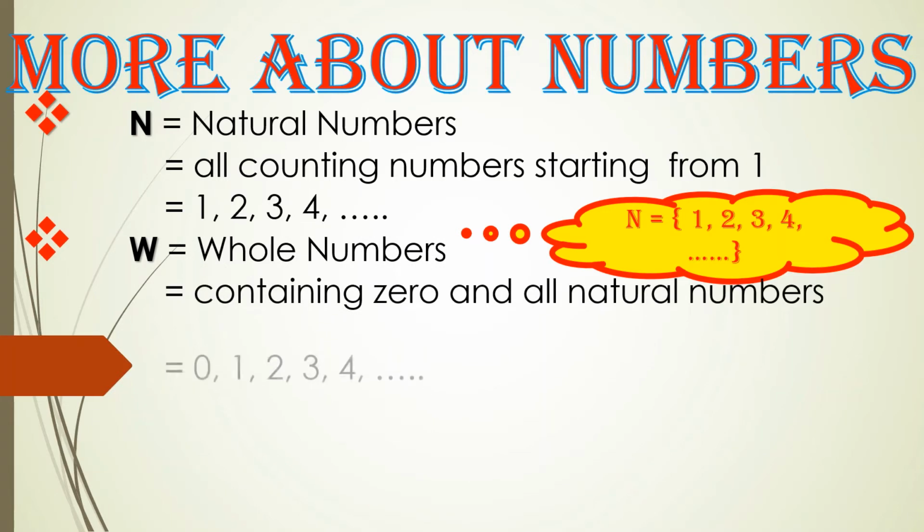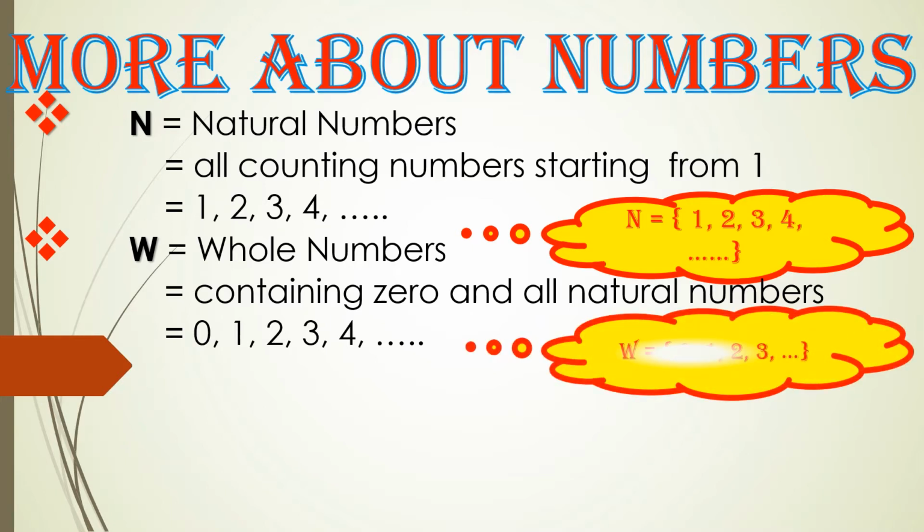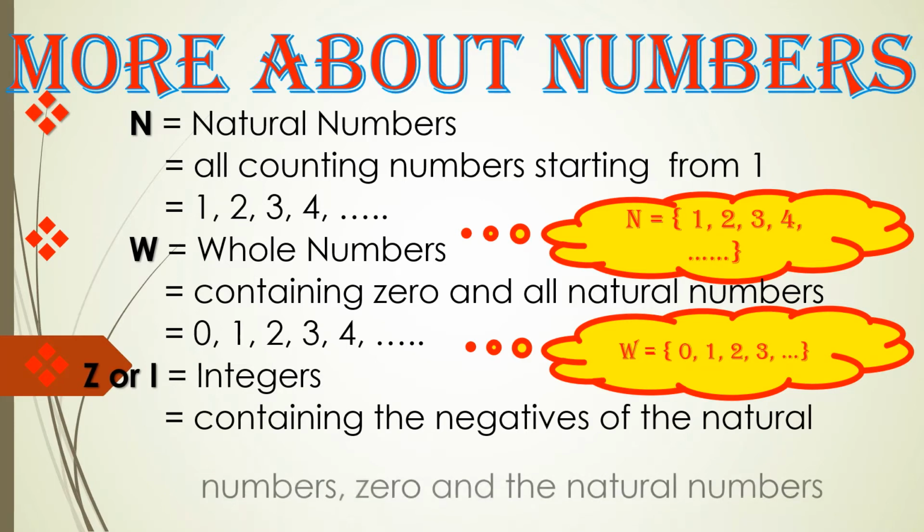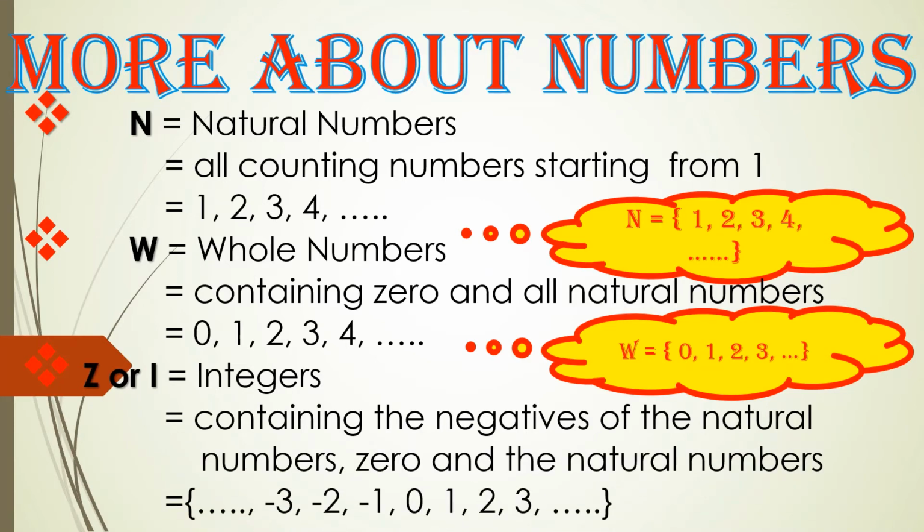The capital letter W denotes whole numbers, which contain 0 and all natural numbers, that is 0, 1, 2, 3, 4, and so on. The capital letter Z or I denotes integers, which contain the negatives of the natural numbers, 0, and the positive natural numbers.